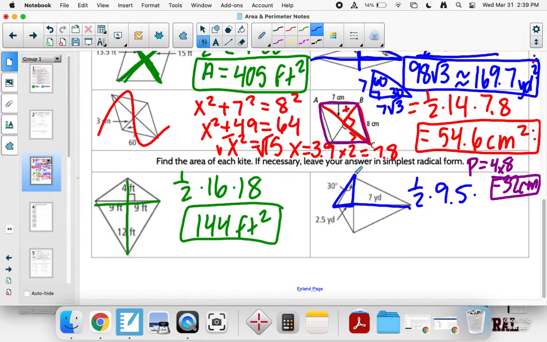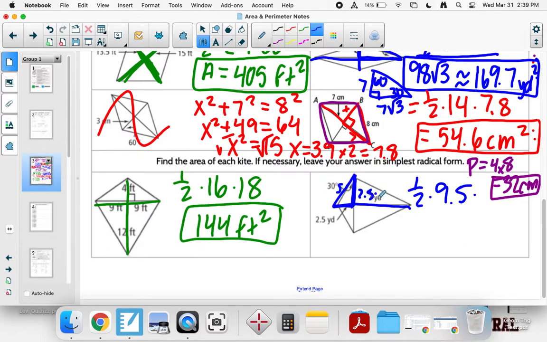Don't care about my hypotenuse. How do I find my long leg? If my short leg's 2.5, my hypotenuse is 5, and the long leg is 2.5 square root of 3.